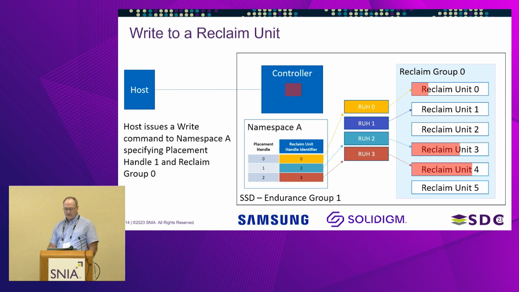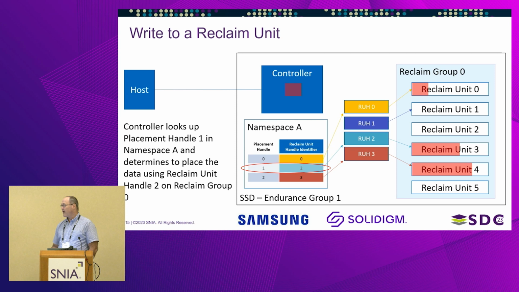When that write comes into the controller, the first thing it has to do is find the reclaim unit handle associated with that placement handle 1. In this case, we're going to use the reclaim unit handle 2, so we're going to use this blue reclaim unit handle. Now reclaim unit handles allow you to do parallel writes. It kind of looks like streams, right? You've got a stream handle and you can do this.